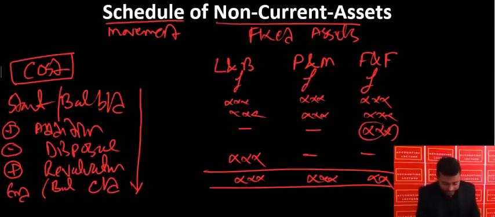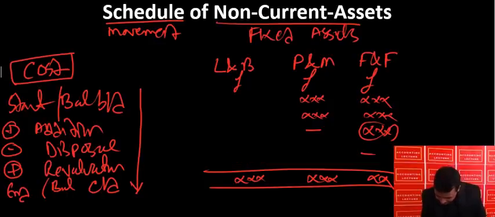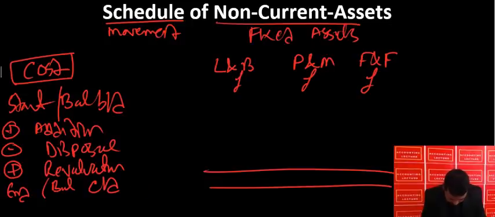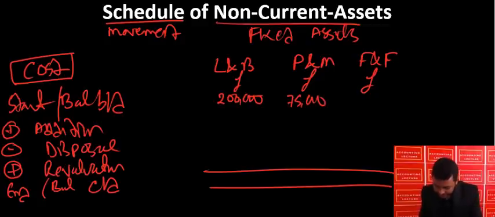Okay, let me take my eraser very quickly and delete this information like XX, and we'll put some real figures inside. If you remember, we started with land and building 200,000, plant and machinery we have a figure of 75,000, and fixtures and fittings 50,000.